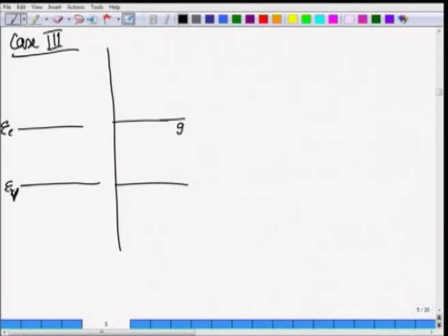I am going to plot GC and GV with the blue curve right here like this, and they do not change with the Fermi energy. So, this is GC and this is GV, and this is the energy scale. The Fermi energy we are going to this time keep very close to the valence band edge. So, here is the Fermi energy.